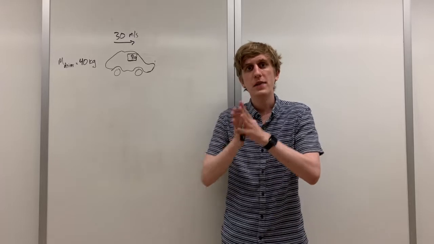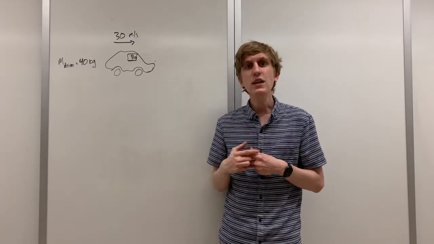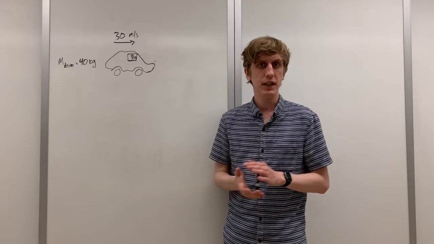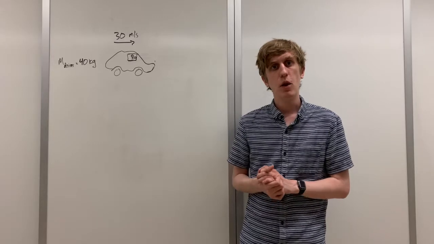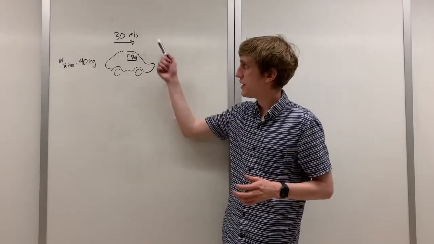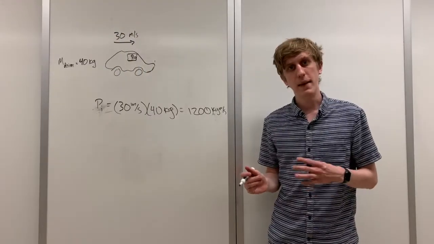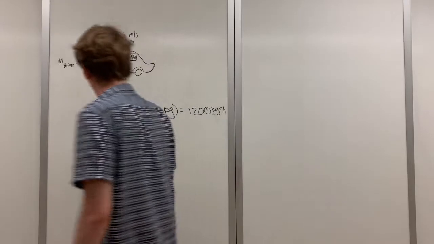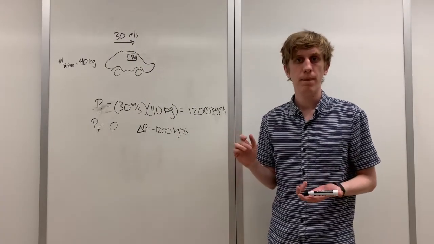We know that the change in momentum of an object is equal to the impulse received by the object. So let's calculate the change in momentum for the driver. Their initial momentum is just 30 meters per second times 40 kilograms. And their final momentum is just 0. So their change in momentum is just negative 1200.